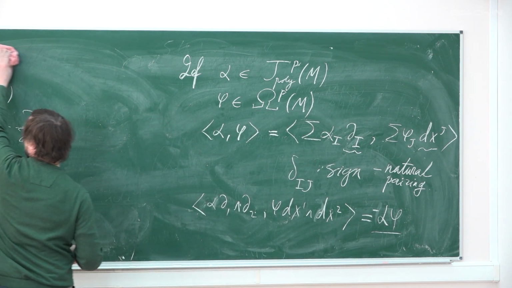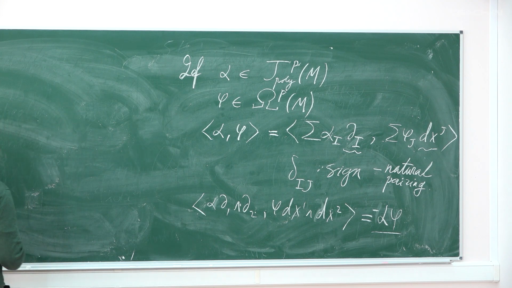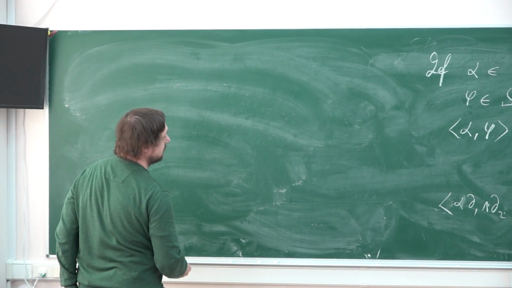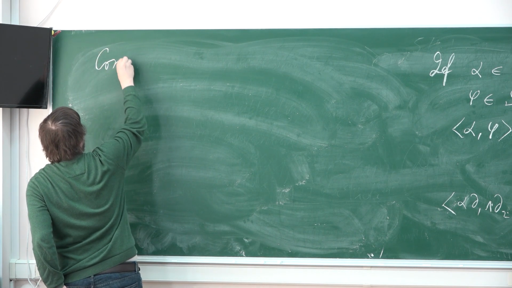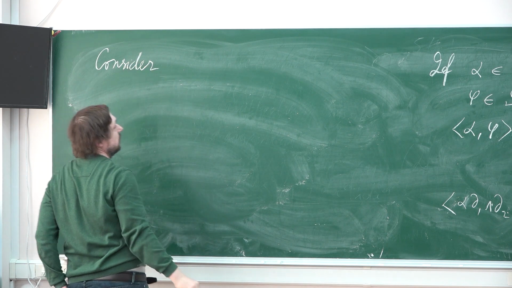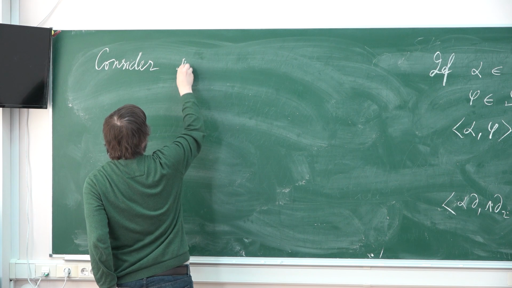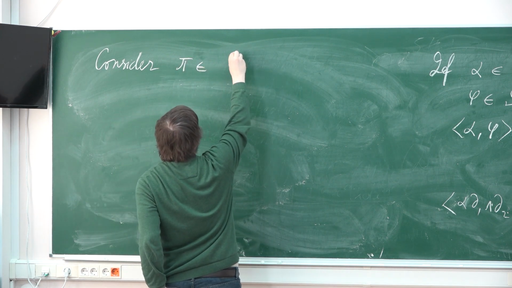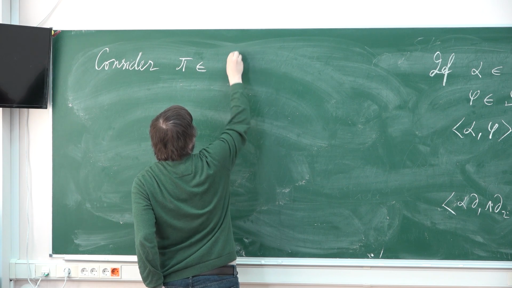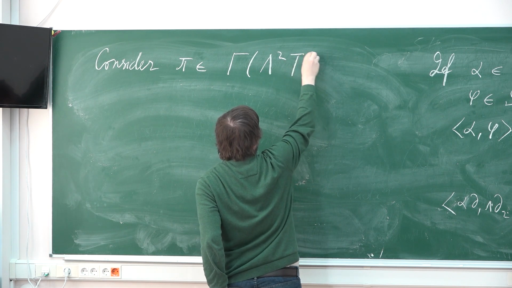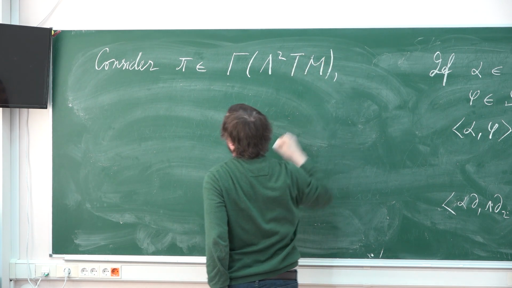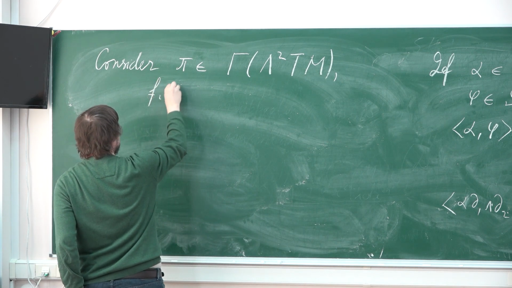Okay, what do we do further? Next step is to consider a bivector pi in the space of sections of the exterior square of the tangent bundle of M, and let f, g be two functions.